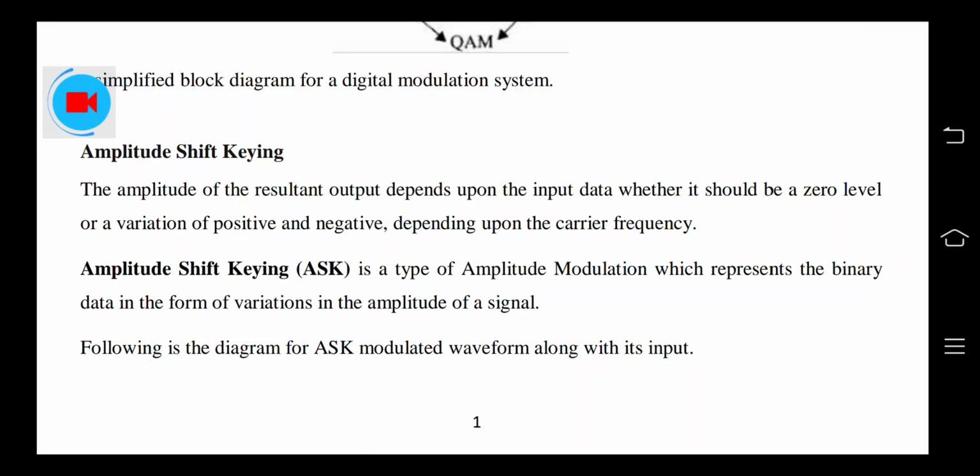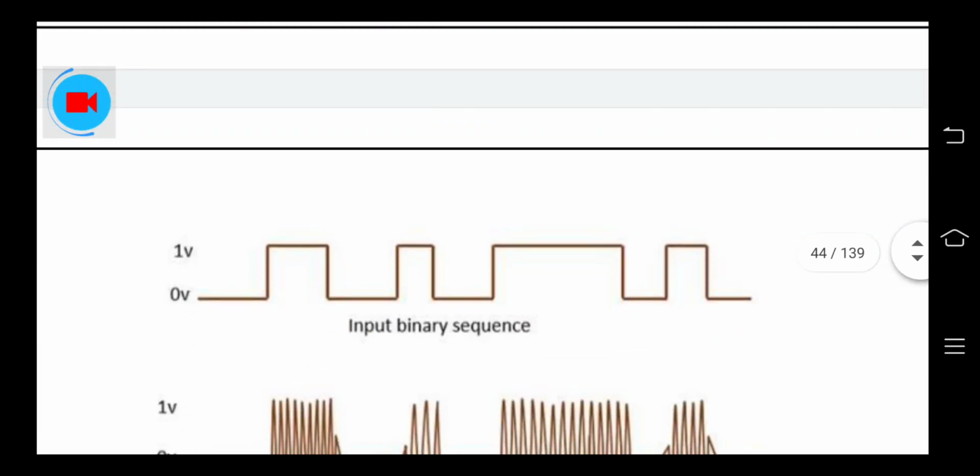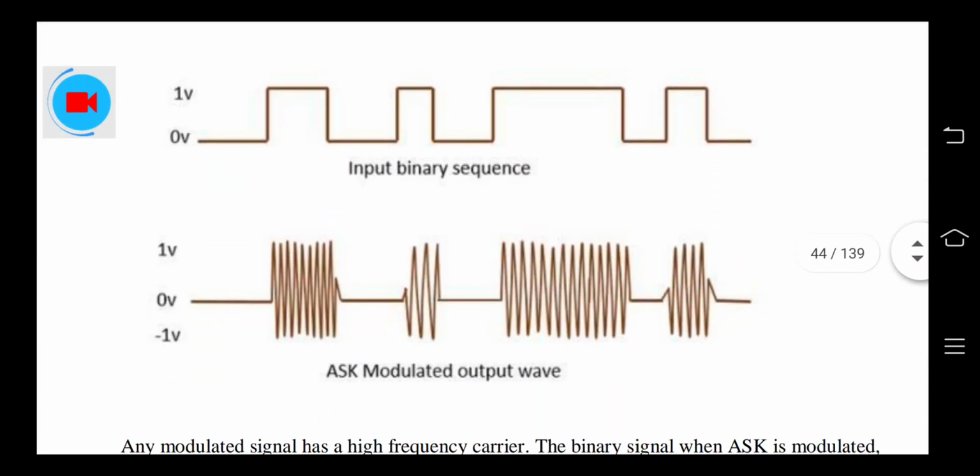One more thing: amplitude shift keying is a type of amplitude modulation which represents binary data as variation in the amplitude of the signal. Following the diagram, we can observe the input binary signal with high and low values, increasing and decreasing. And then the ASK modulation output.